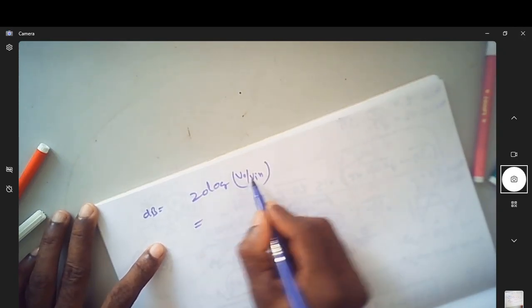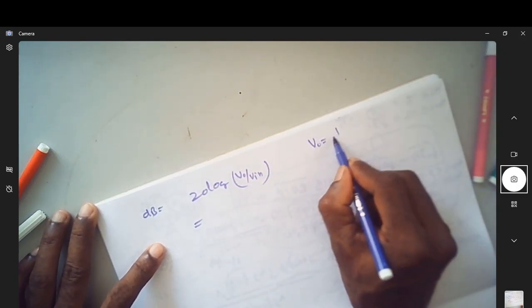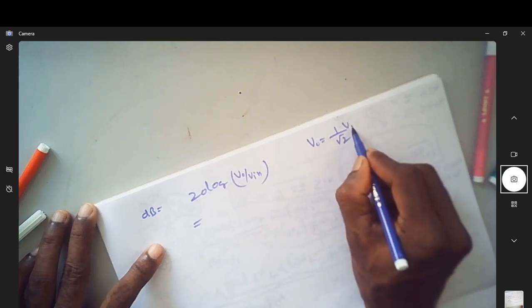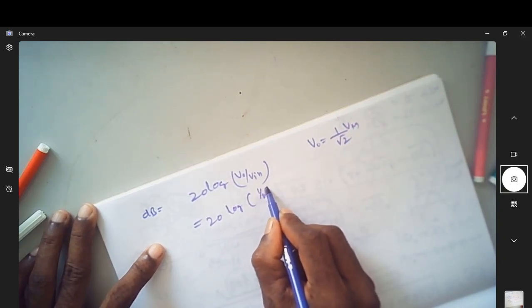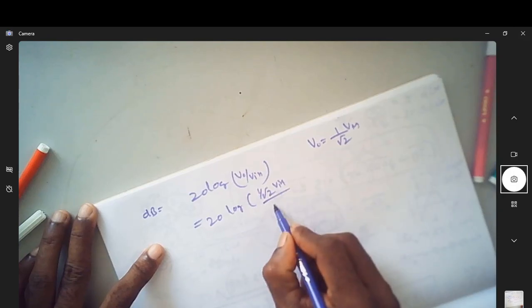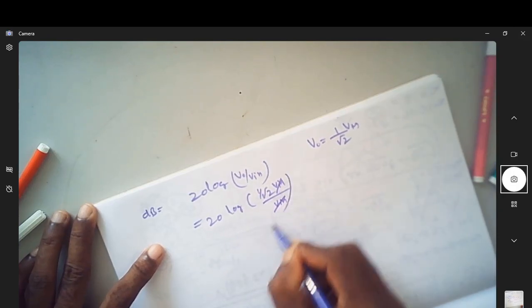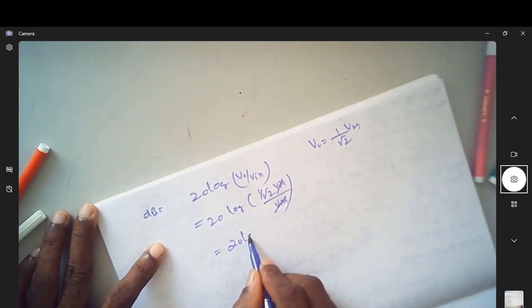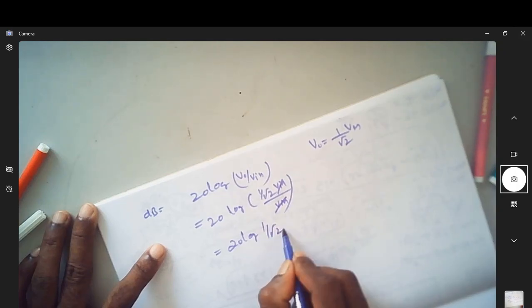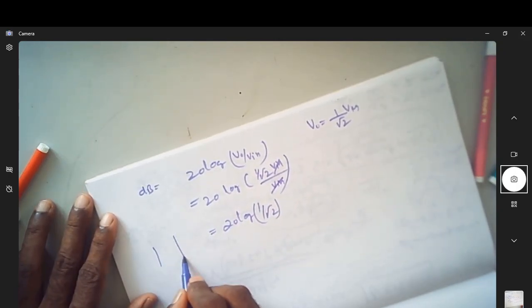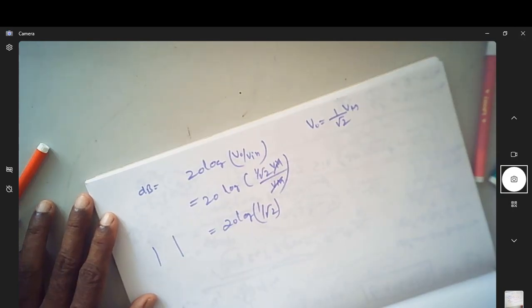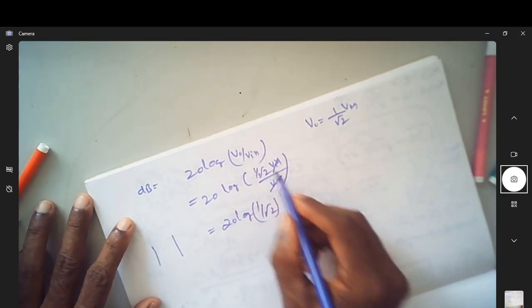V0 is 1 over root 2 times Vin. Suppose if I write 20 log of 1 over root 2 times Vin by Vin, does the Vin go off? So do you have 20 log of 1 over root 2?